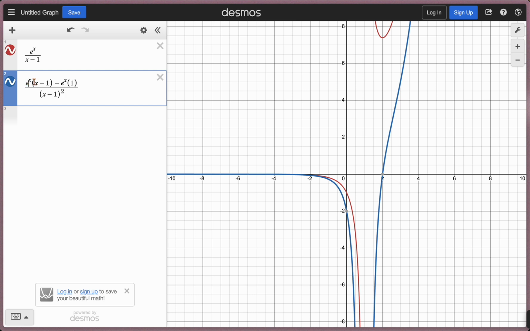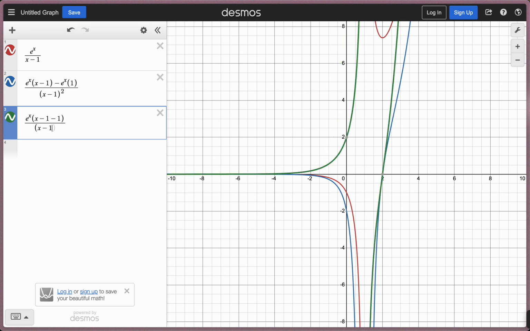So it's, okay, now what do we do? We simplify it a little bit more, and then we get, now we substitute that, and x minus 1, square that.